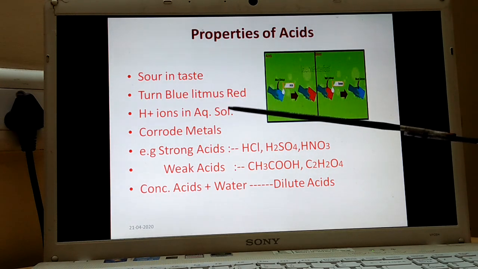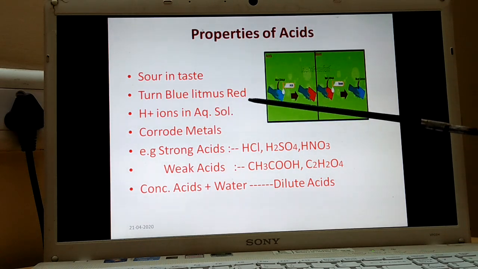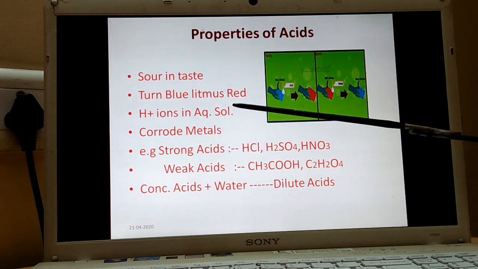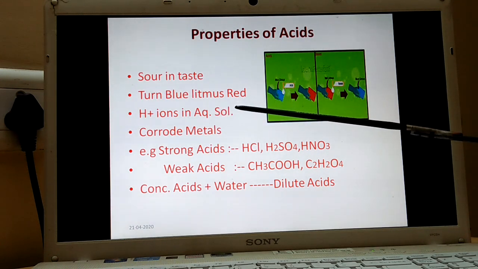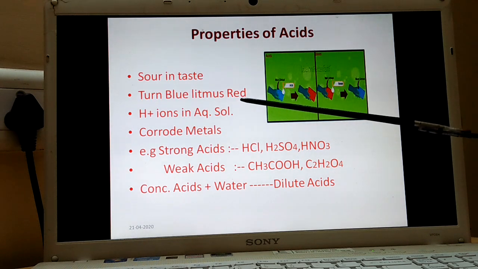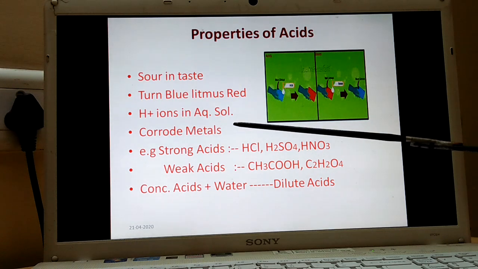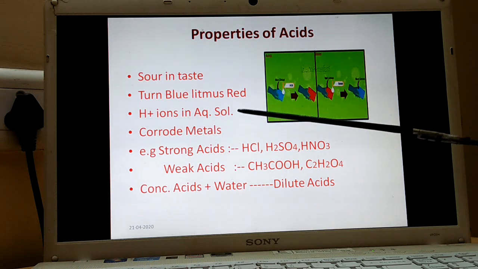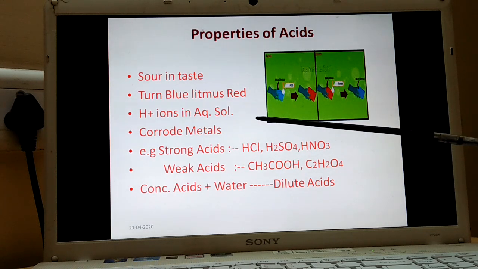They always provide H plus ions in aqueous solution. Now what do you mean by aqueous solution? As you are already aware, an aqueous solution is one that is always made with the help of water. Then, acids always corrode metals. If any drop of acid falls on a metal, it will undergo corrosion.